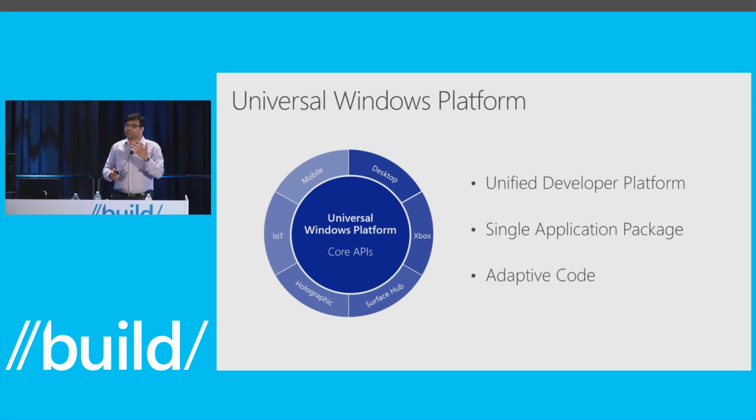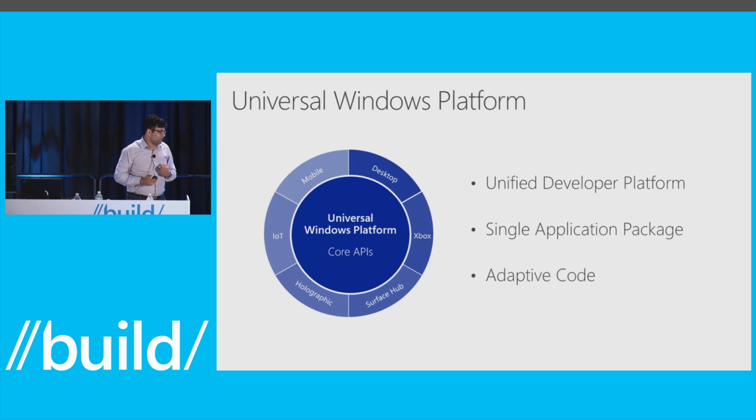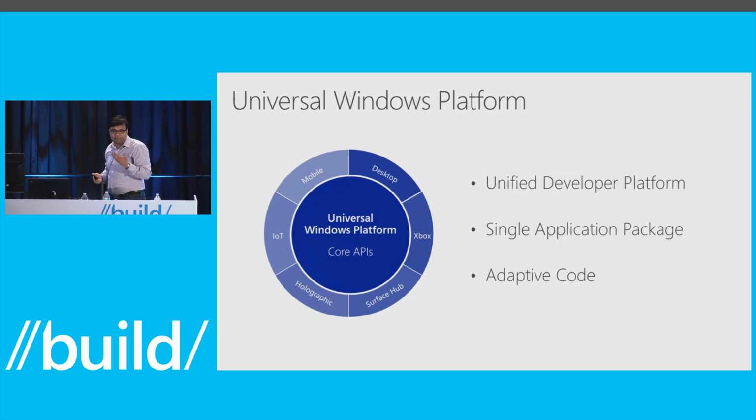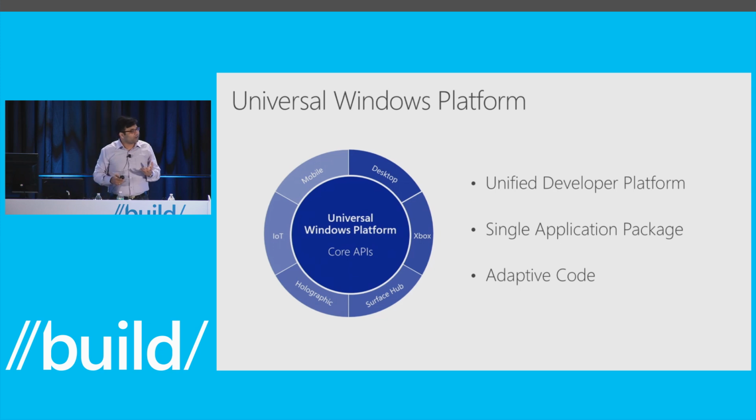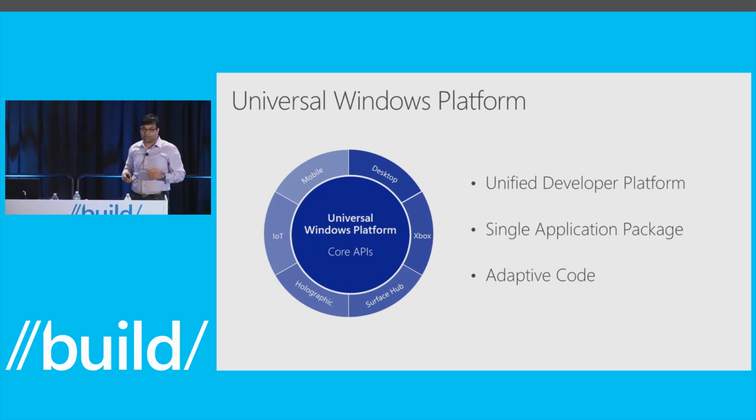As an example, let's think about mobile. There are still a lot of phone devices that have hardware back buttons, right? So as a developer, you need to think about how exactly your application will use the capabilities that are specific to a device family. And that's where we will explore what adaptive code is and how you can write adaptive code. And we'll look at some demos for that as well.